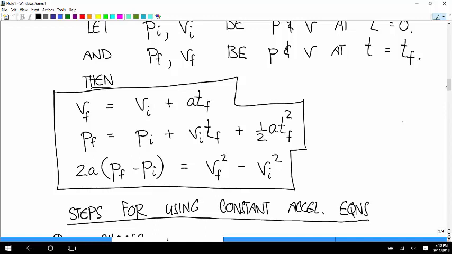So let's try the first one. We have acceleration. Do we know all these other three variables? No, we're missing this one, so we can't use the first one. The second one, we have acceleration. Do we know time final, v initial, p initial, and p final? Yeah, so that one will work.